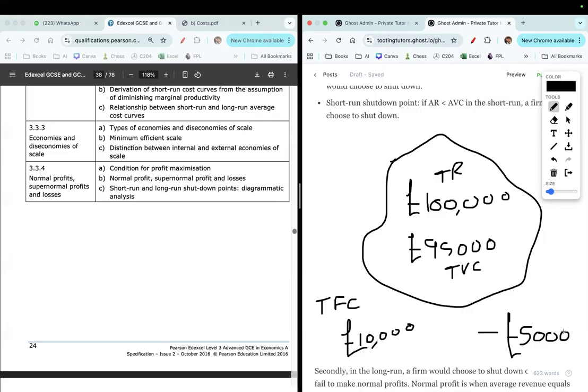But in the short run, it's a bit different because these costs, I have to pay every single time I make stuff, right? And every time I make stuff, I get this. But this, am I ever gonna have to pay this cost ever again?